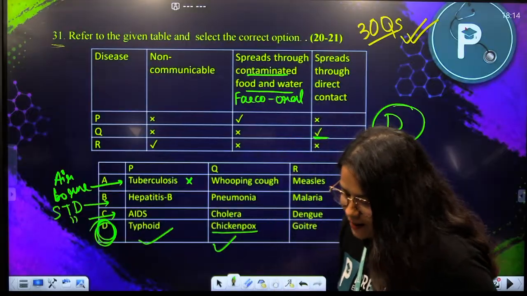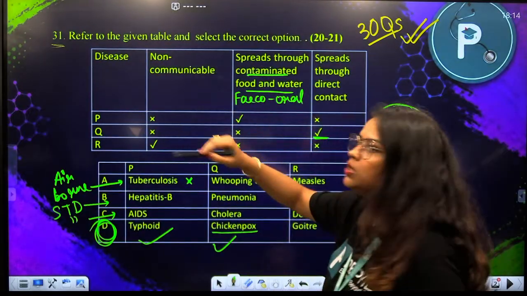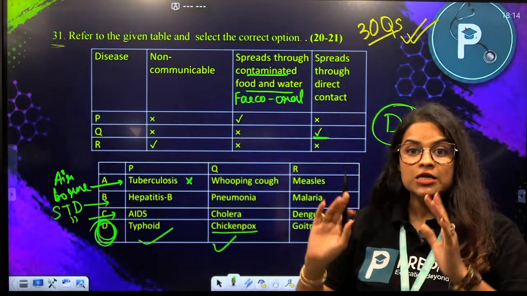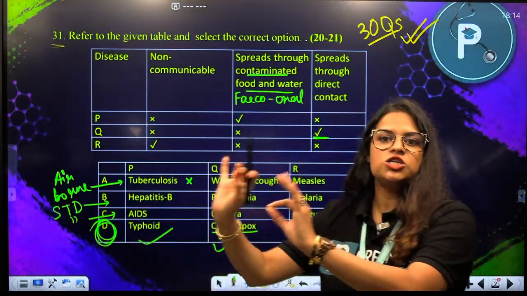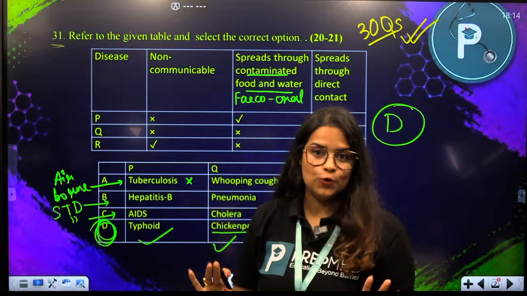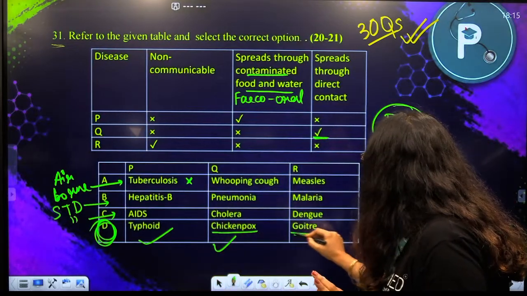Okay. Followed by, we can also see here that they have mentioned R is non-communicable. That means it can't pass from one person to another person just by touch, just by sharing items, sharing needles or blood transfusion. No. It is a deficiency disorder in this case, that is goiter.